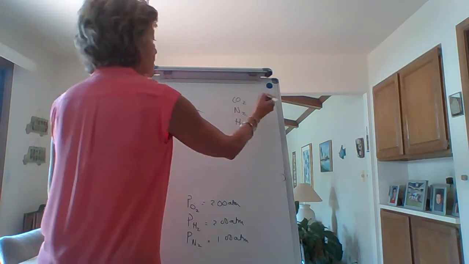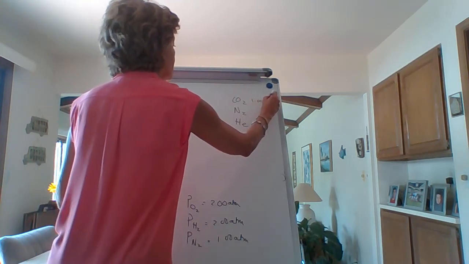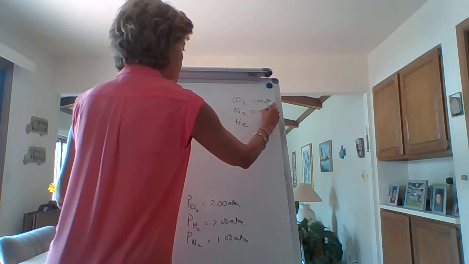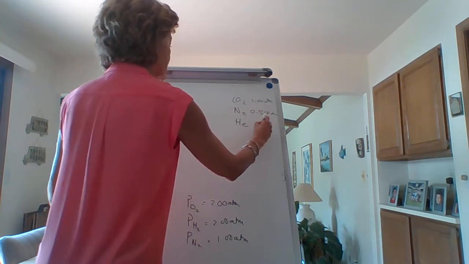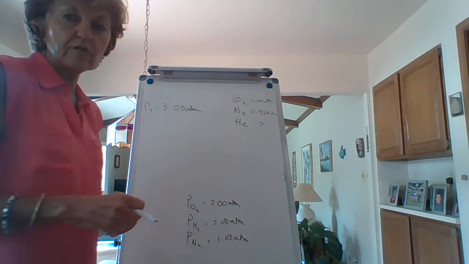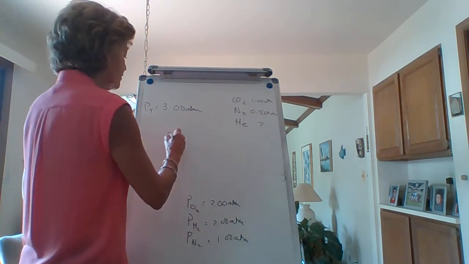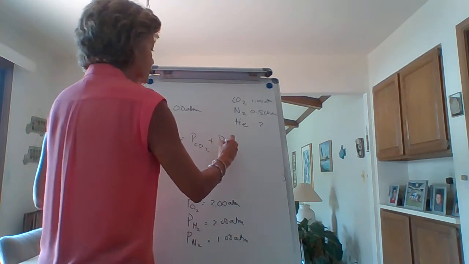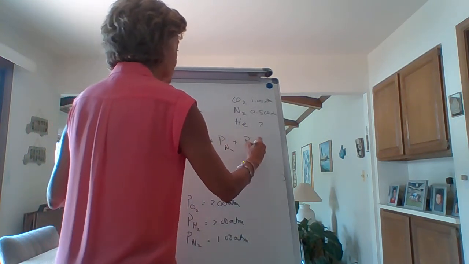And you know that the carbon dioxide is 1 atmosphere, and maybe you know that the nitrogen is 0.5 atmospheres, and they tell you, well, what is the pressure of the helium? So you go total pressure is equal to pressure of CO2 plus pressure of nitrogen plus pressure of helium.